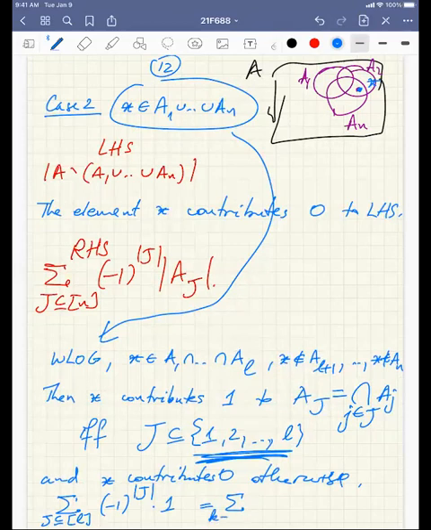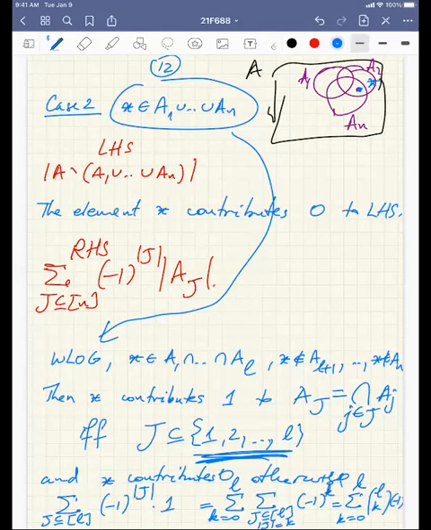So it's going to be summation from k equals 0 to L of the sum over all J's subsets of L of cardinality of J equals k of -1 to the k. And this is going to be summation from k equals 0 to L. How many subsets are like that? There are L choose k of them times -1 to the k.